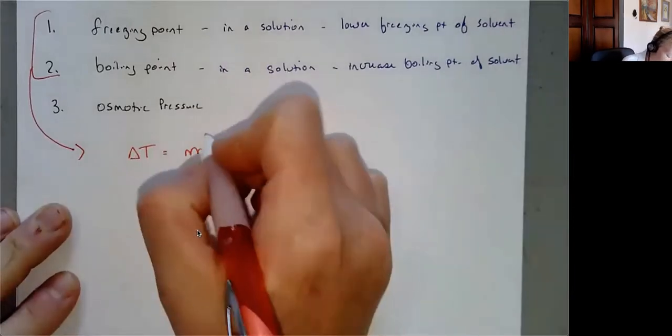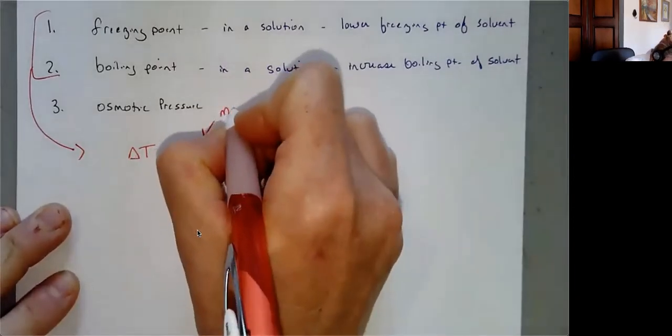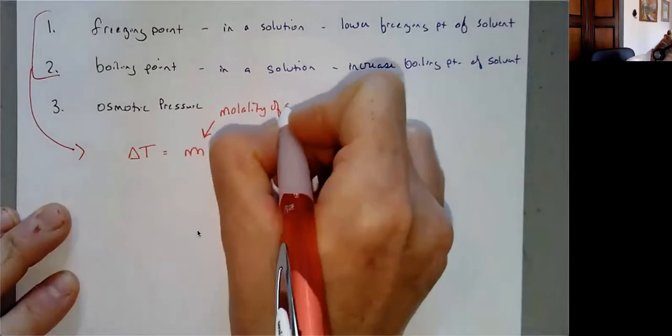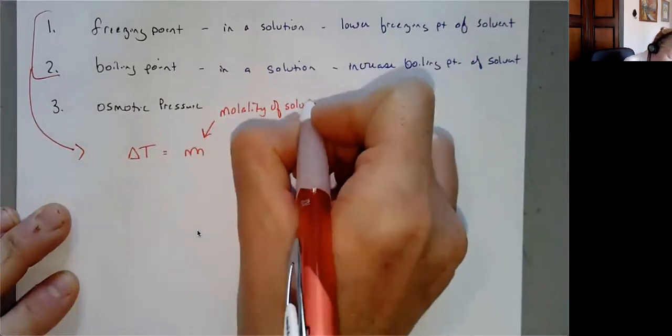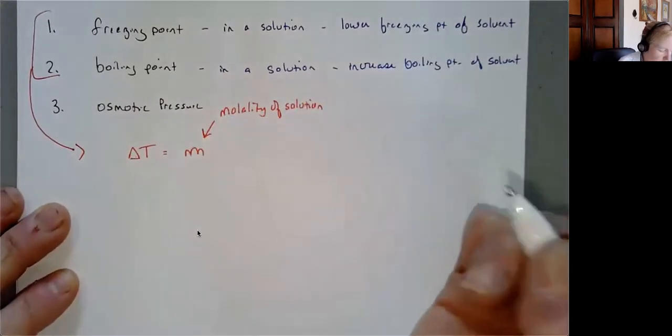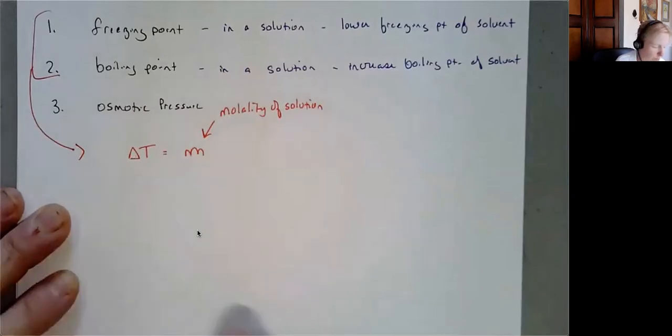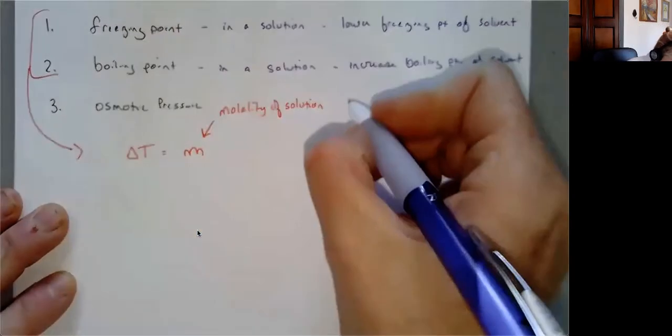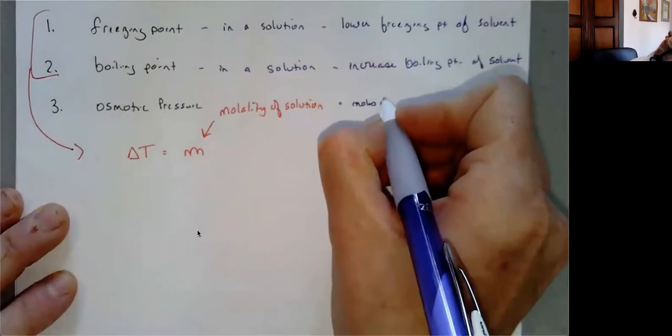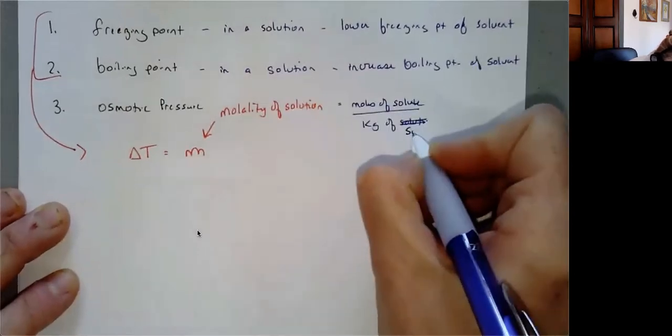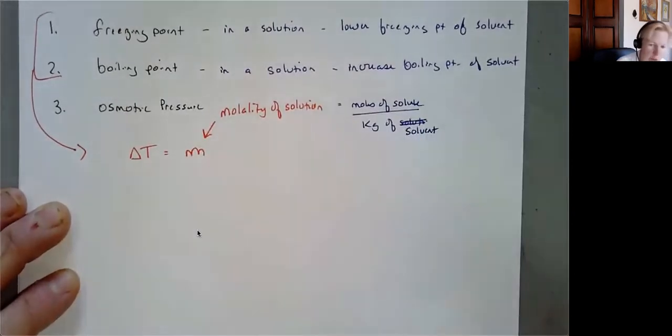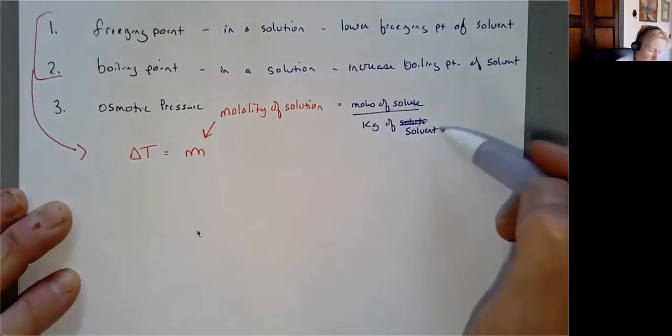So if you remember, cursive m is the molality of my solution, the concentration of that solution in terms of molality. This is really the only time we use molality as a concentration unit. And remember, this is moles of solute over kilograms of solvent. So that's my molality.